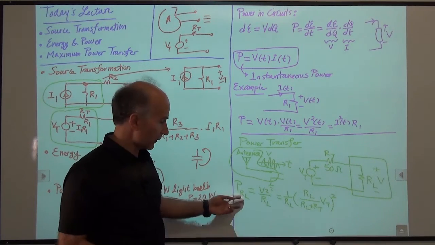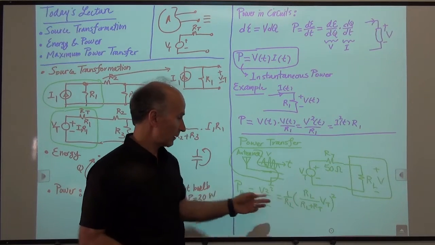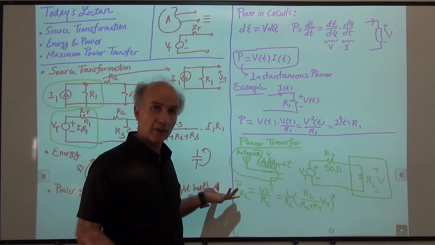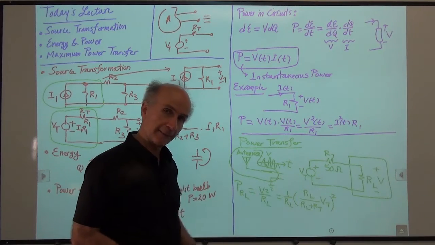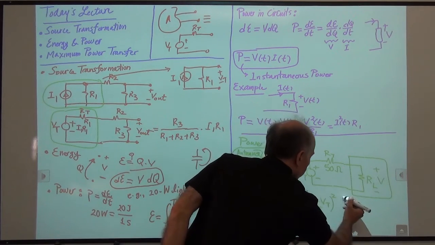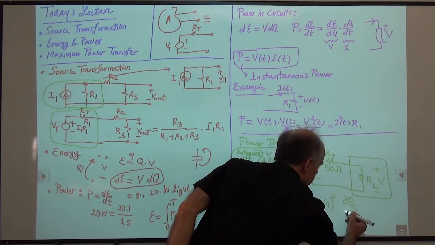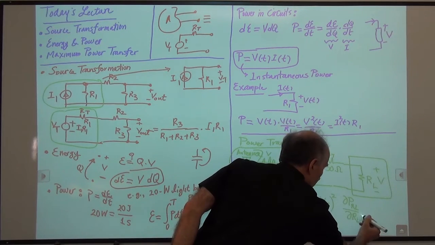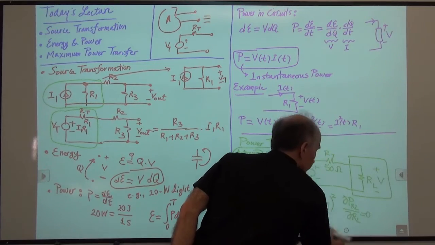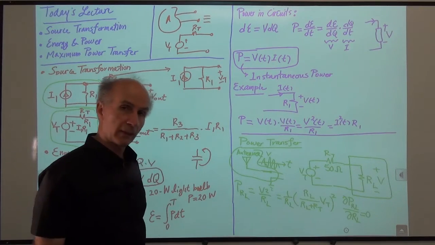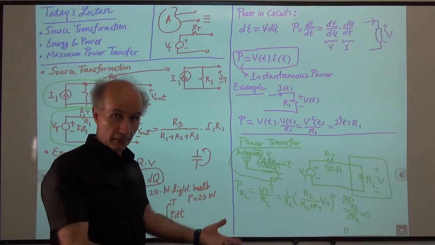It's very simple. We have a function of RL. What choice of RL maximizes P? So we have to take the derivative with respect to RL, right? So we take the derivative of power, P sub RL with respect to RL, and we equate that to 0. All right? And then that gives us the condition.